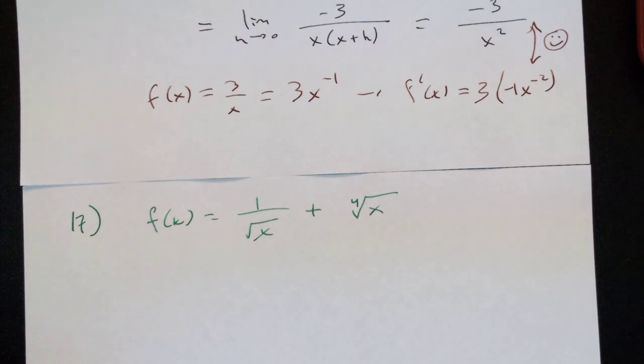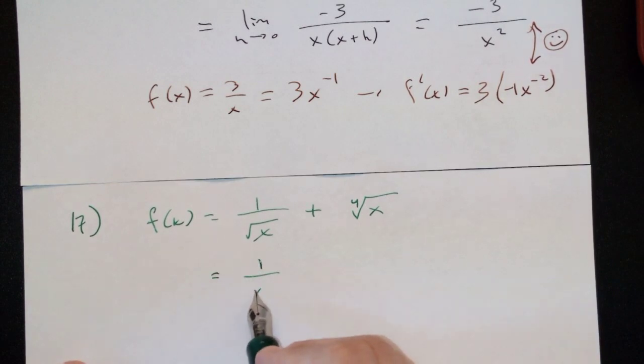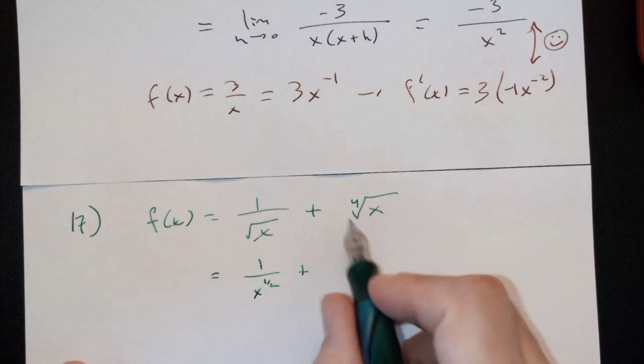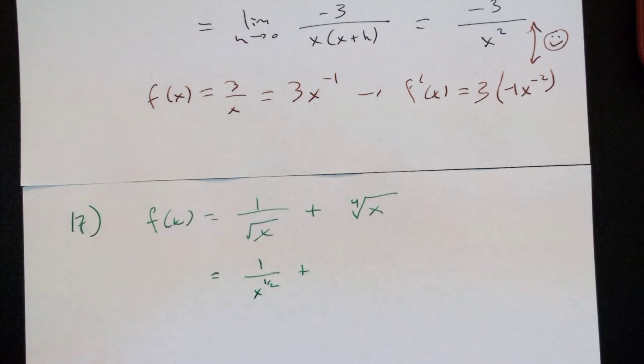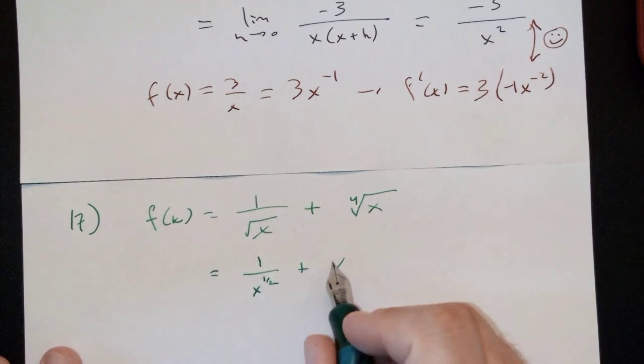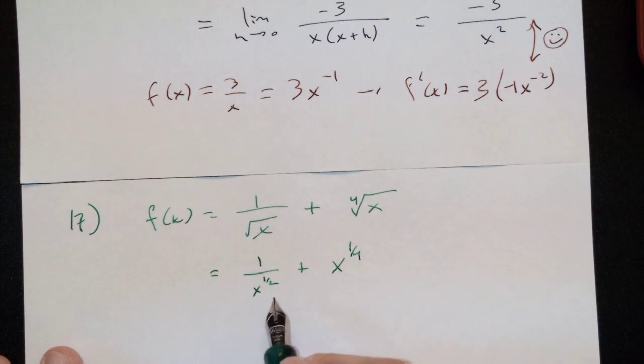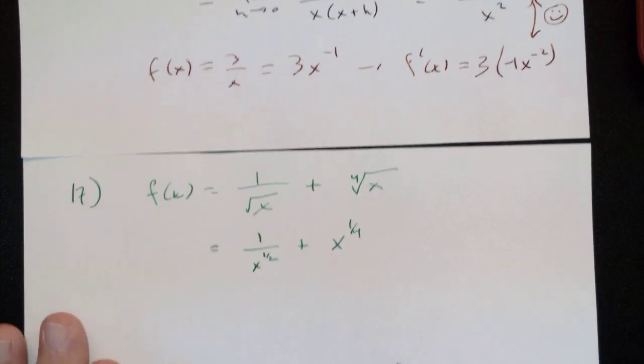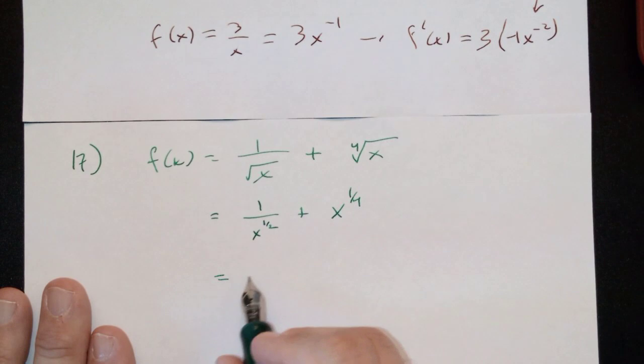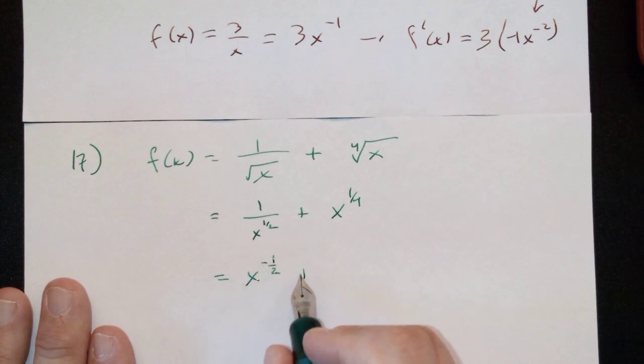If it's a square root, that's a second root. So I want a 1/2 power. This is a 4th root. Exactly. But this is in the bottom. So before I can actually use the power rule, I got to take it out of the bottom, and it becomes a negative 1/2.